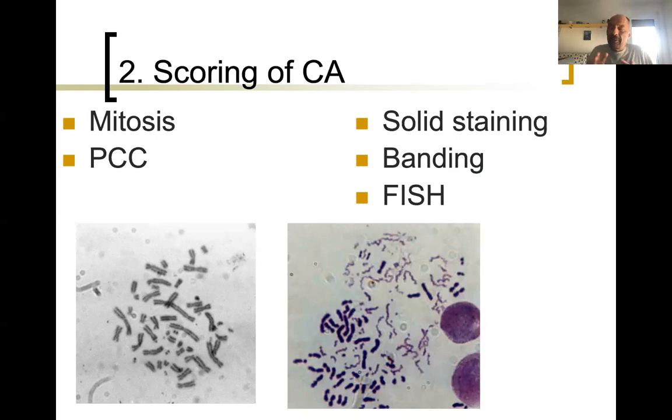So essentially, you can see the chromosomes in mitosis, which is the typical way. Historically, for more than a century, people have looked at the chromosomes in mitosis when they are thick and big.